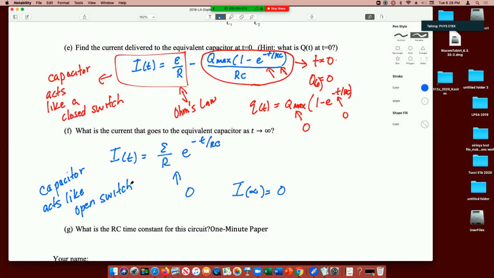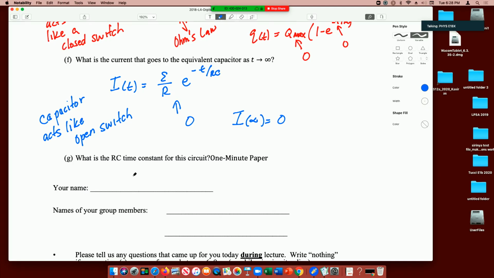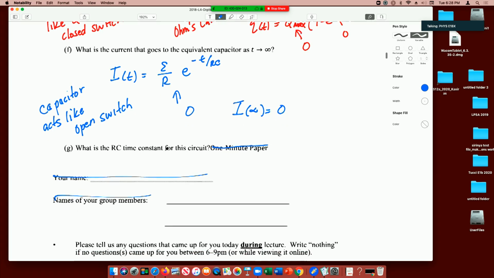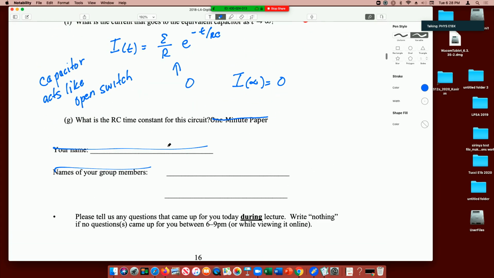What is the time constant for this? I'll just write it over here. How would I calculate it? The time constant is the amount of time it takes to charge the capacitor to about 2/3, or 1 minus 1/e, of the full maximum charge.